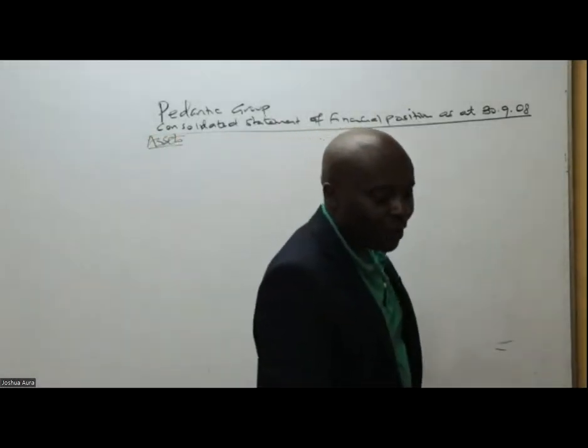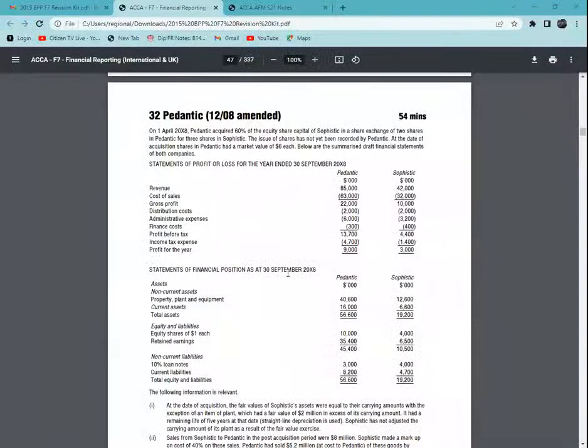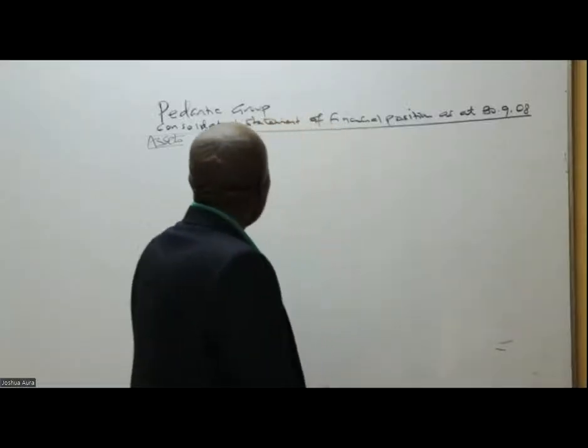Remember, you are taking everything the way it has been given in the question paper. It is the statement of financial position that we are consolidating. So we start with non-current assets.